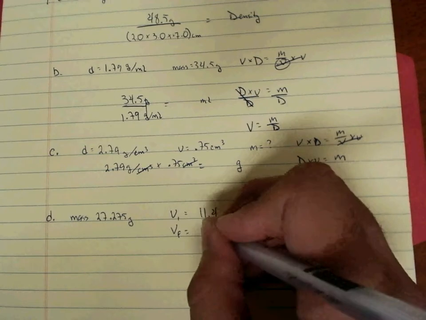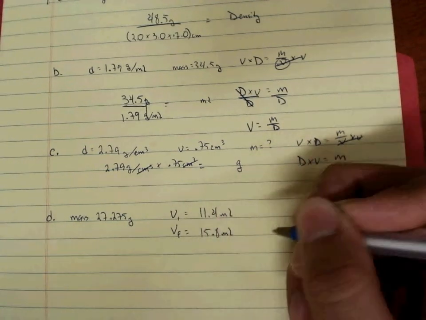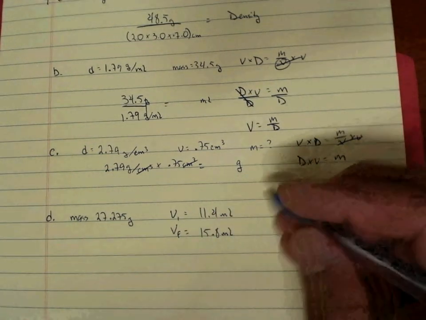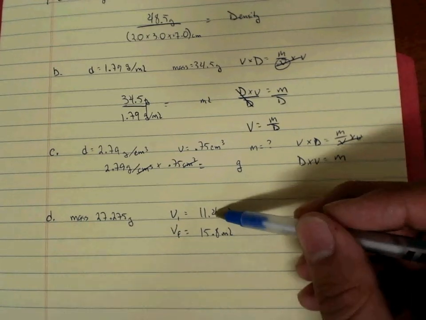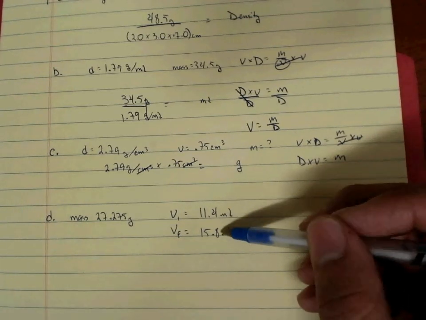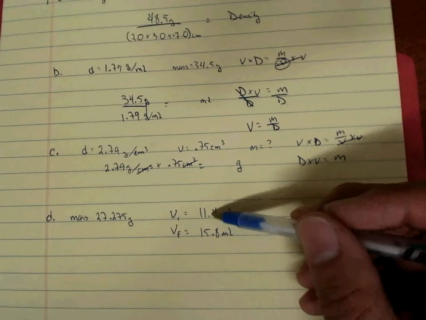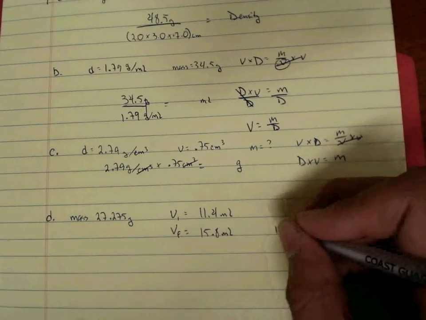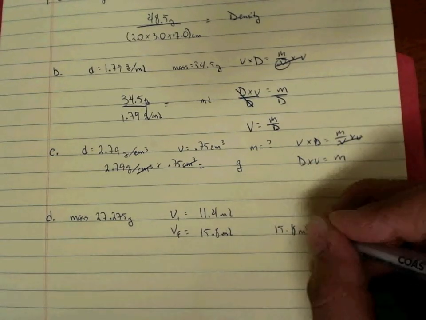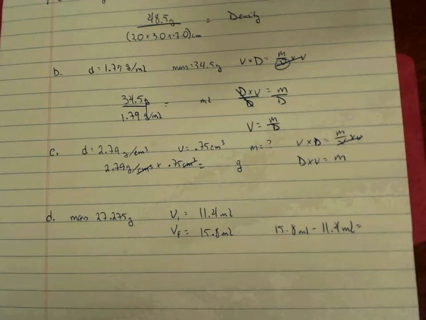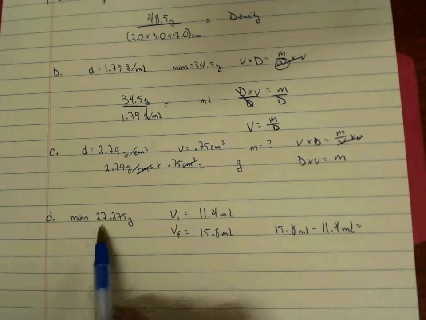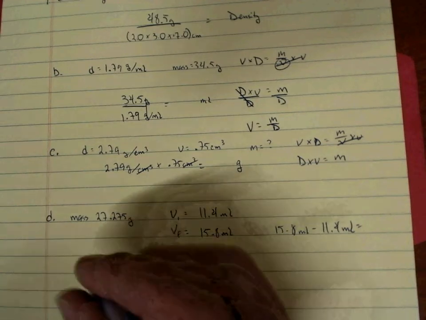My final volume was 15.8 milliliters. If the metal will account for the change in volumes, then if I subtract the initial from the final, so if I do 15.8 milliliters minus 11.4 milliliters, that'll give me the number that I need to divide my mass by.